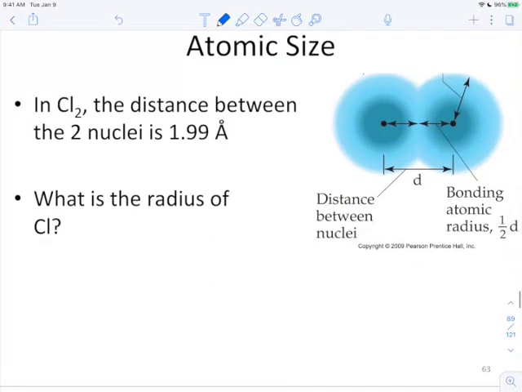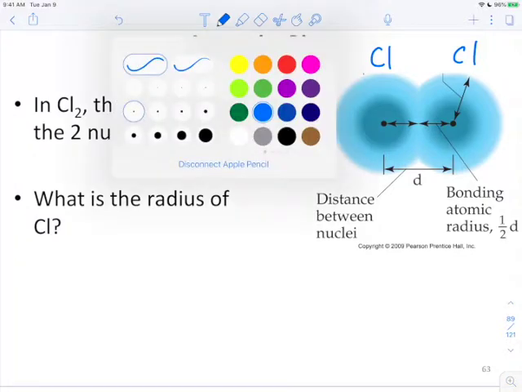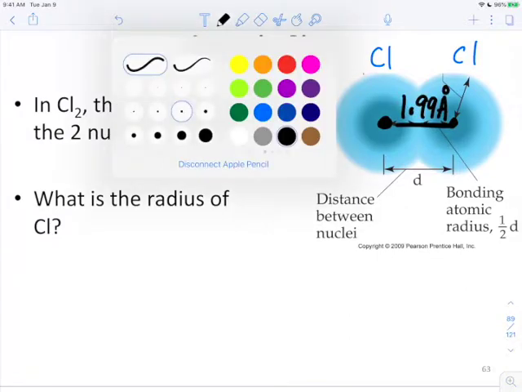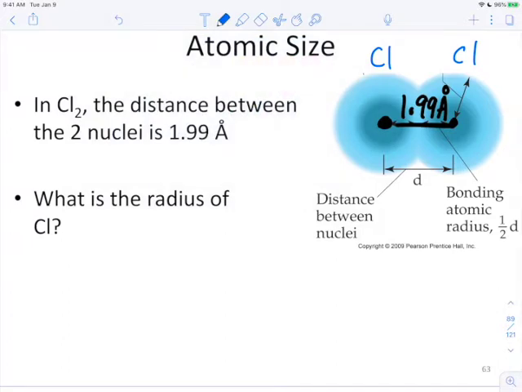All right, so here's an example of that. Here is Cl2, so each of these is now a chlorine atom, and what we know is the distance between the two nuclei is 1.99 angstroms. So that means the distance between here and here is 1.99 angstroms. So if we want the radius of 1 Cl, we're going to take that 1.99 angstroms and divide it by 2.